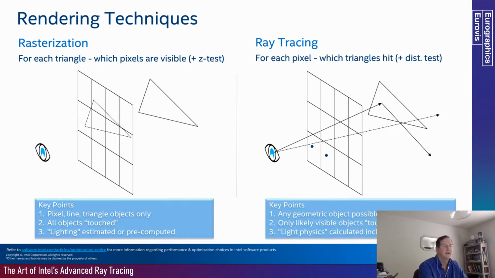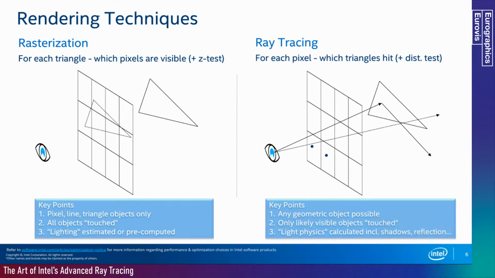end result. For ray tracing, we're modeling the physics of light. You also can intersect any geometric object, although often it is tessellated. One of the things is that the methodology, the bounding volume hierarchy and KD trees, allow for the visibility to happen not necessarily in depth space.